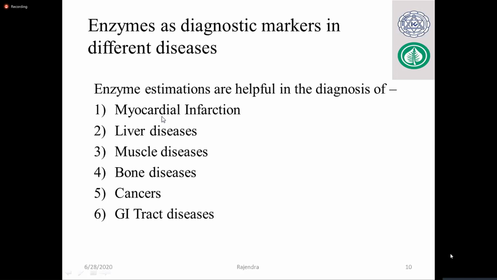And previously it was thought that this disease is for rich people or obese people or something like that, but no, nowadays this myocardial infarction is very common in low-income countries like Nepal, India, Bangladesh, Bhutan. These low-income or developing countries have a very high prevalence of this myocardial infarction. So we can identify with the help of some biochemical markers whether this person is suffering from myocardial infarction or not. Liver disease, there are many types of liver disease.